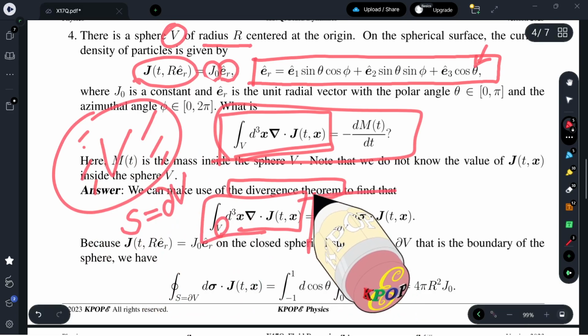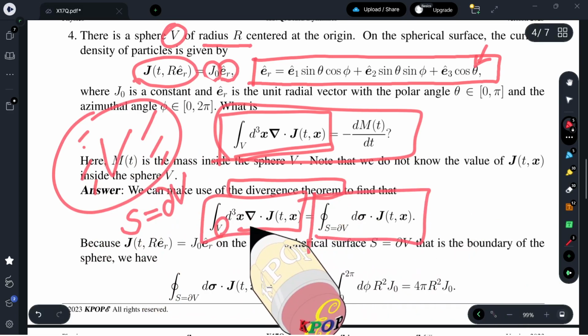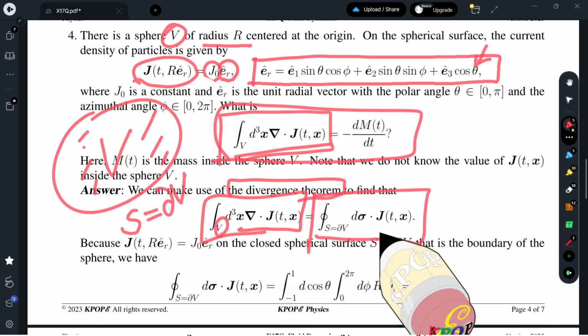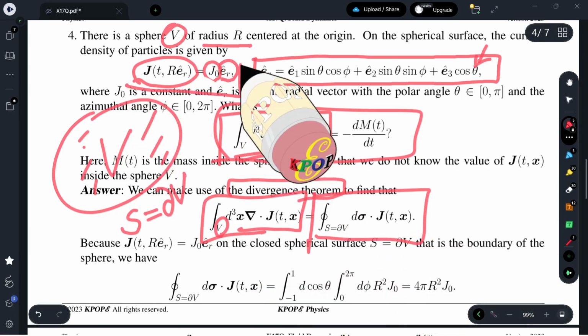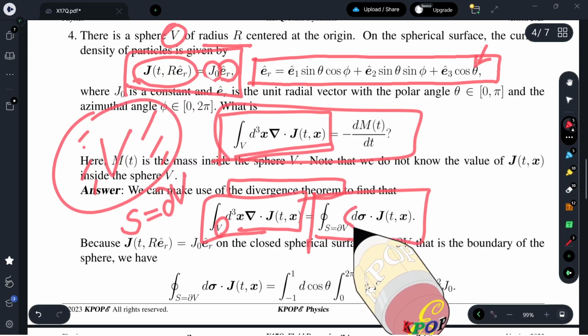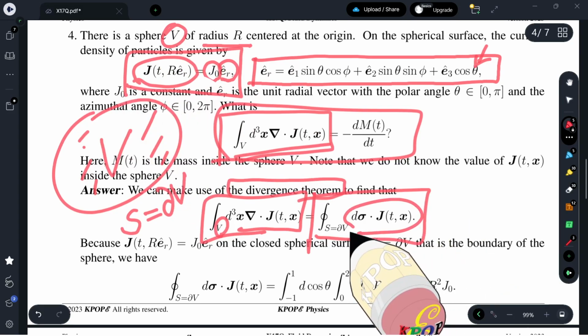So we can replace this volume integral with the surface integral. On the surface, I can evaluate this current. So we can solve this problem.